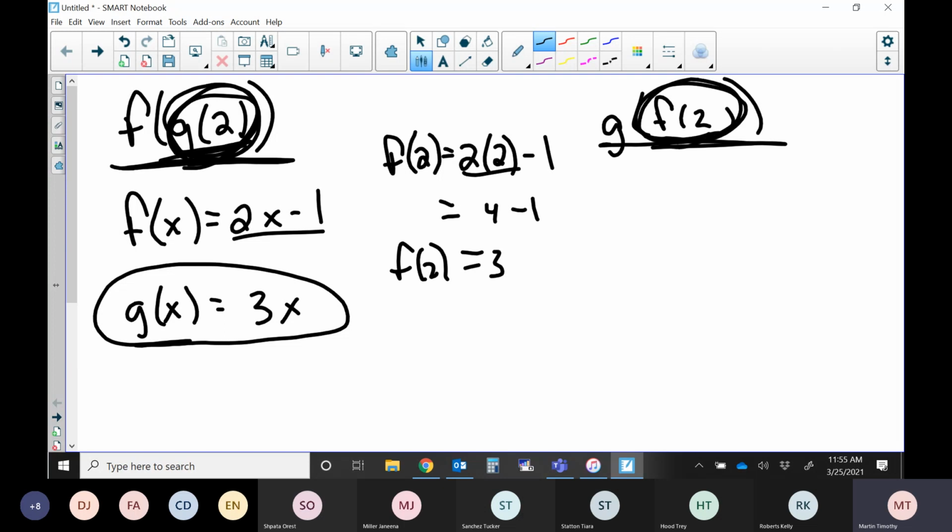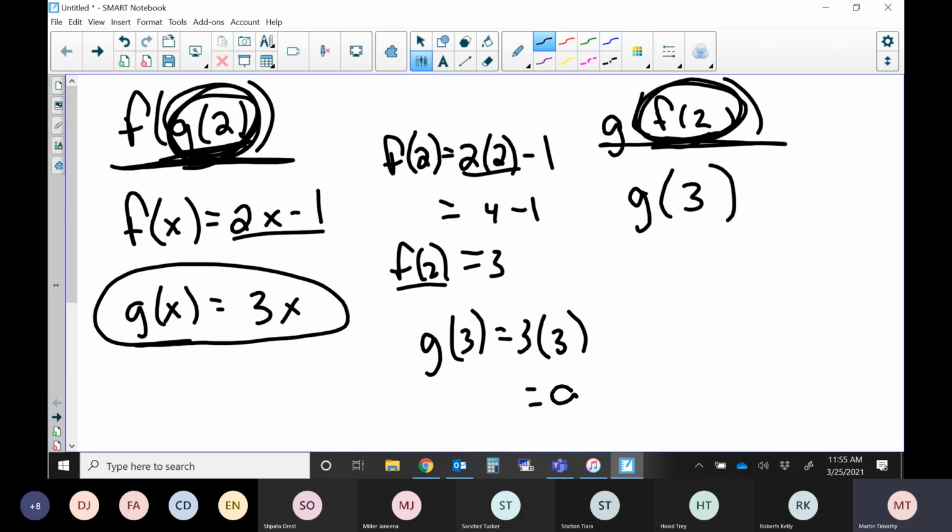So instead of writing this as f at 2, I can really write g at 3, because f at 2 is equal to that. So then I'm going to go, okay, g at 3 is really equal to 3 times 3, which is 9. Totally different answer than the one we got last time. Janina, do you have a question? No, sorry. You're okay.